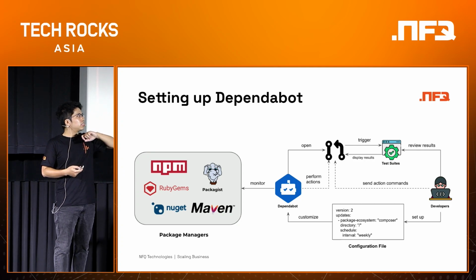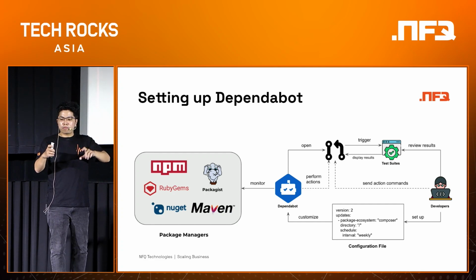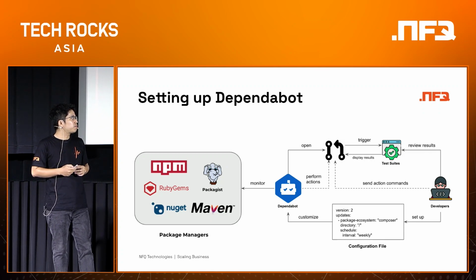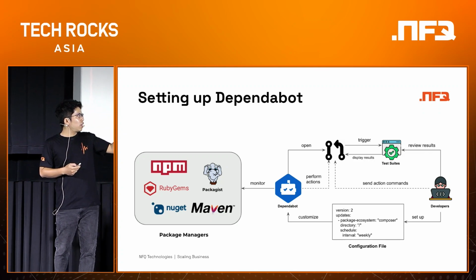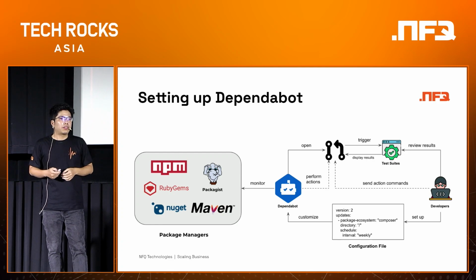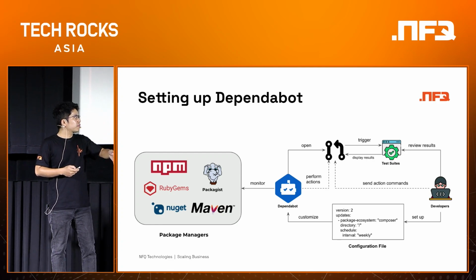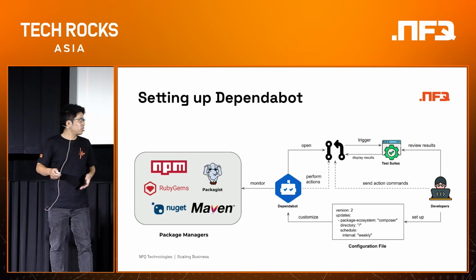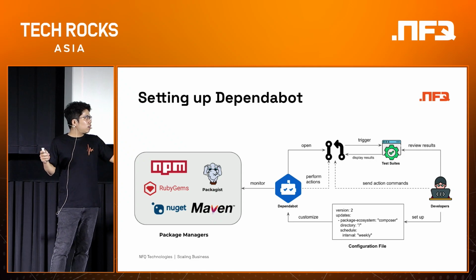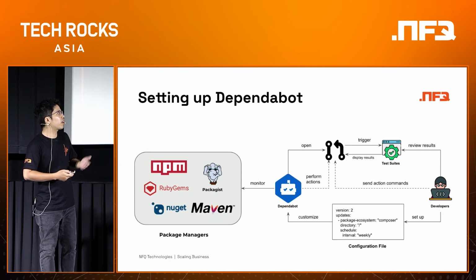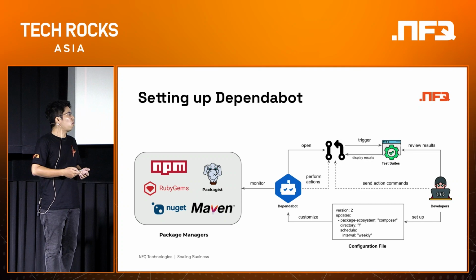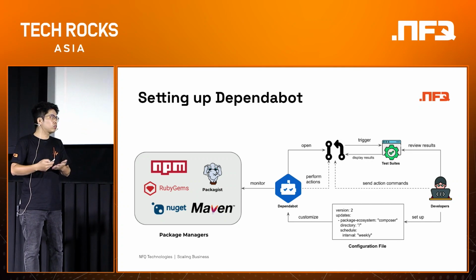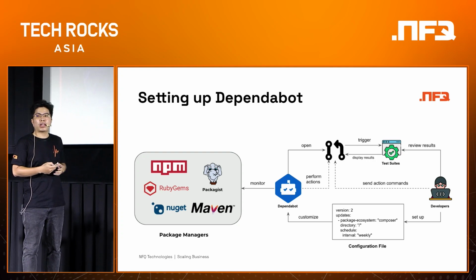And you can see on the screen the very simple format of the configuration file, with the version of the file, the package ecosystem, which is Composer, and the directory you scan. And the schedule is weekly. It's very simple and easy to understand. And by changing the configuration file, you can customize the behavior of Dependabot to scan your projects and also scan the package managers.